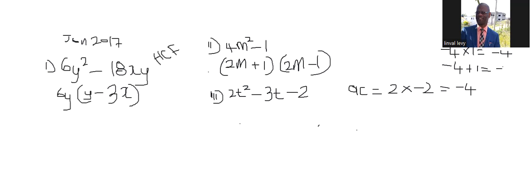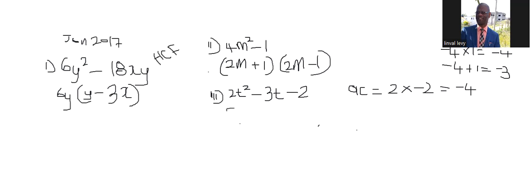Because when we add two numbers whose signs are different, we subtract the smaller from the larger and keep the sign that the larger number has, right? So we take 1 from 4, and then we keep the sign of the larger, which would be 4 right there, so our result would be -3. Now we can replace the -3t with -4t plus 1t.